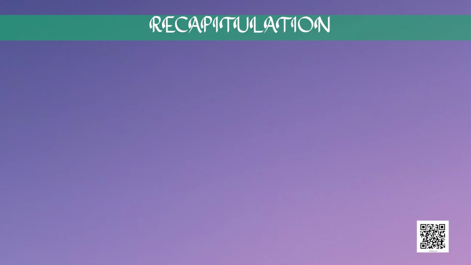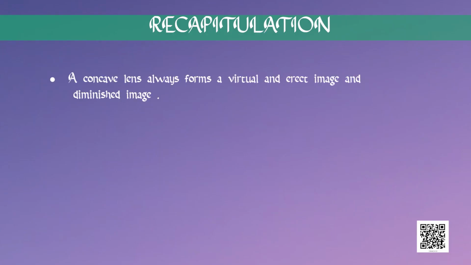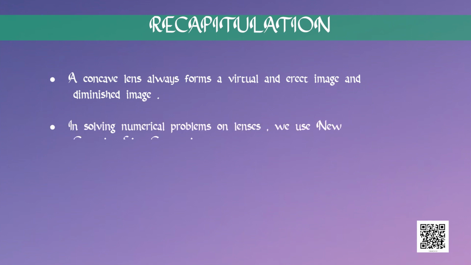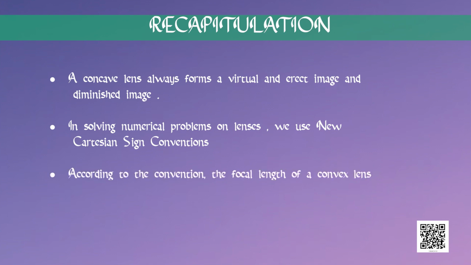Dear students, we have learnt quite a lot today. Let us recapitulate our learning. A concave lens always forms a virtual, erect, and diminished image. In solving numerical problems on lenses, we use new Cartesian sign convention.